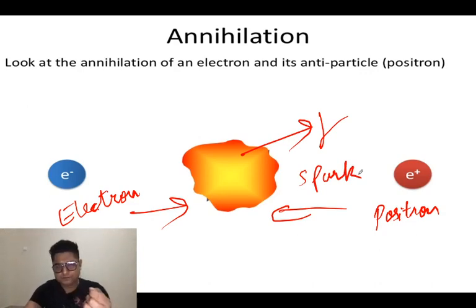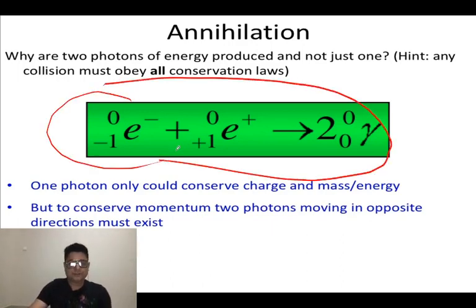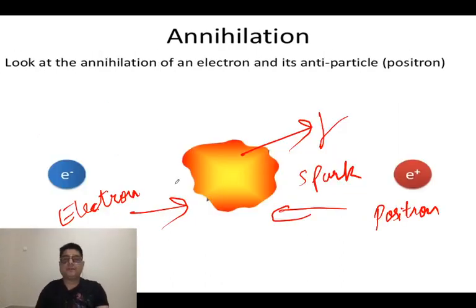Leaning towards the forward direction, this is how the reaction works. An electron and a positron interact to produce a gamma photon, which is observable by means of a spark. The photon is visible in some cases, and sometimes it's not. Gamma photons cannot be observed by the human eye.